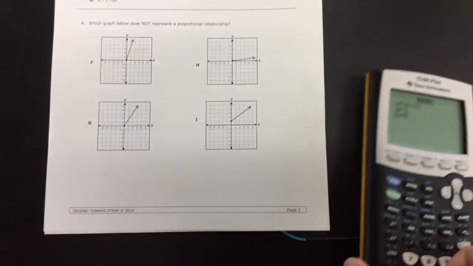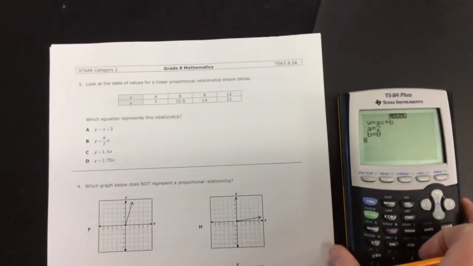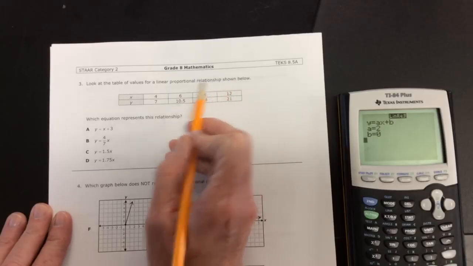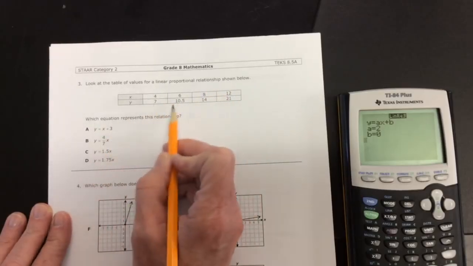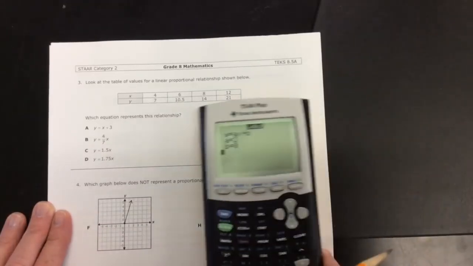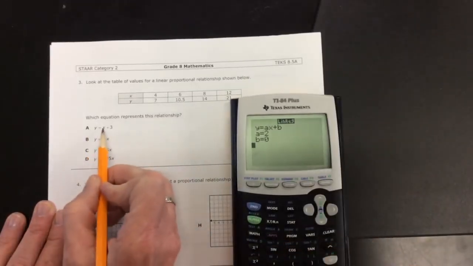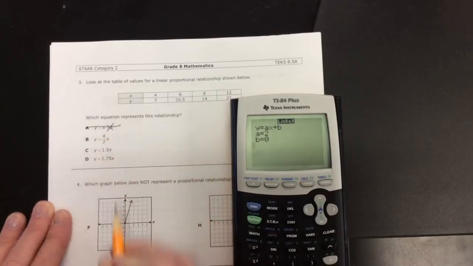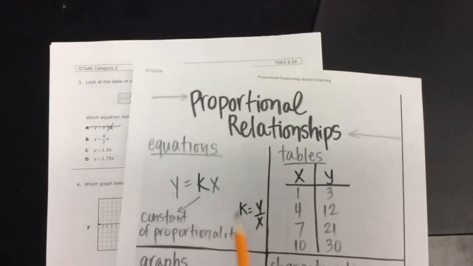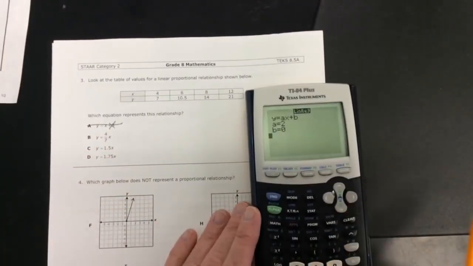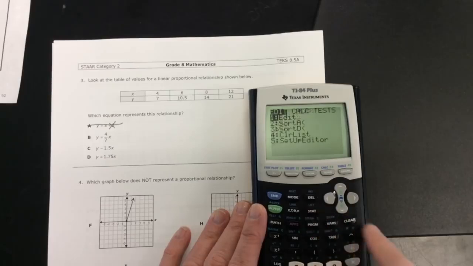Number 3. Look at the table of values for a linear proportional relationship shown below. Which equation represents this relationship? So we can automatically mark off A because it has a b. We do not have that in our equation. Let's put this table in the calculator and see what our equation is. Hit Stat, enter for edit.